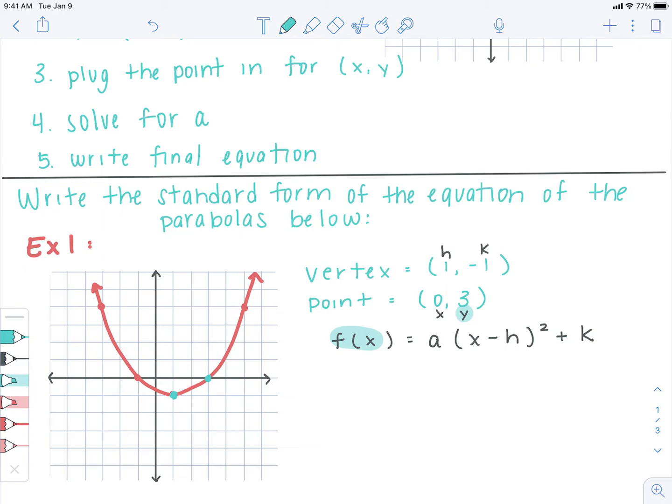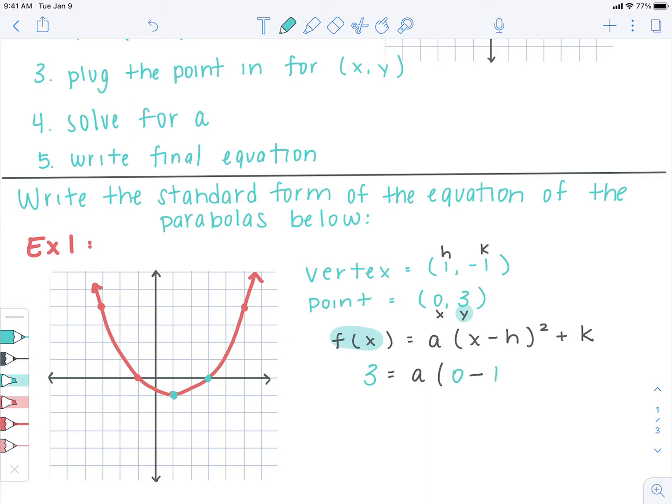So where I have f(x), I'm going to write 3 equals, and I don't have anything for a, so I'm just going to keep my a the way it is. x is 0, so I'm going to replace my x with a 0, minus my h, which is 1.